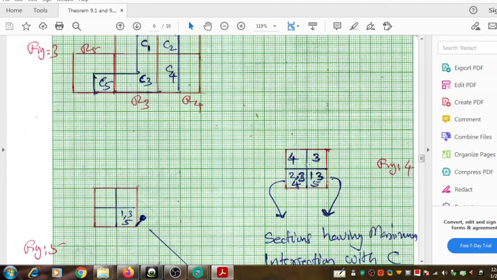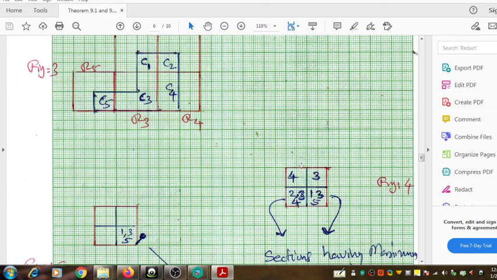In this situation we can divide the region R into four small rectangles. The first small rectangle, the first 1/4 of the original rectangle R, has intersection with the subset C4.